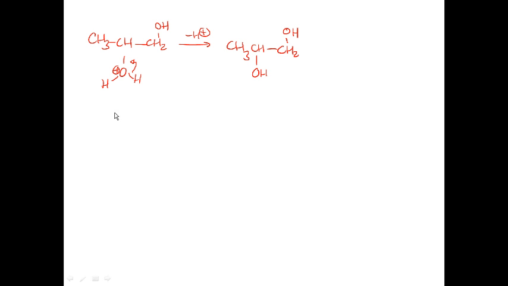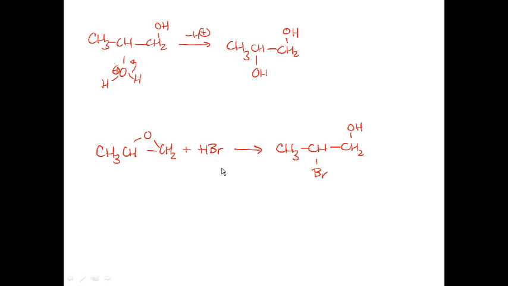Now the HBr and the HCl mechanisms I didn't talk about when we talked about acid catalyzed ring opening, but you can imagine that they would be the same. If I added HBr to this, what product would I get? Well, I would add the Br to the most substituted carbon, and then the OH would swing over to form on the least substituted carbon.